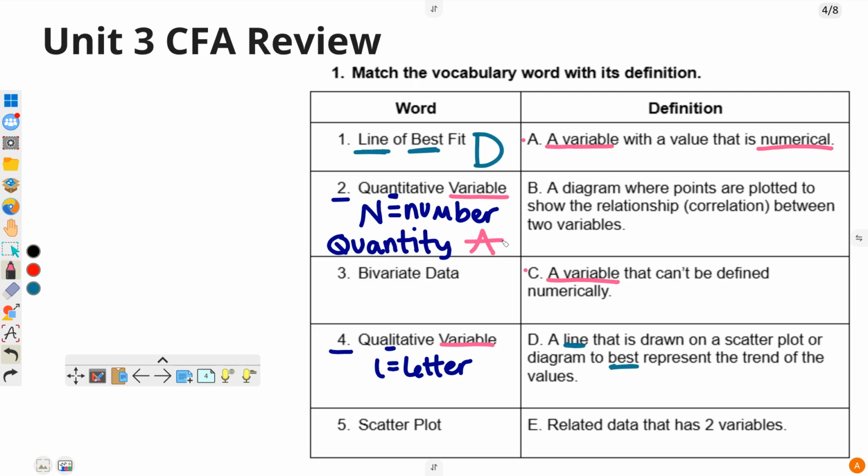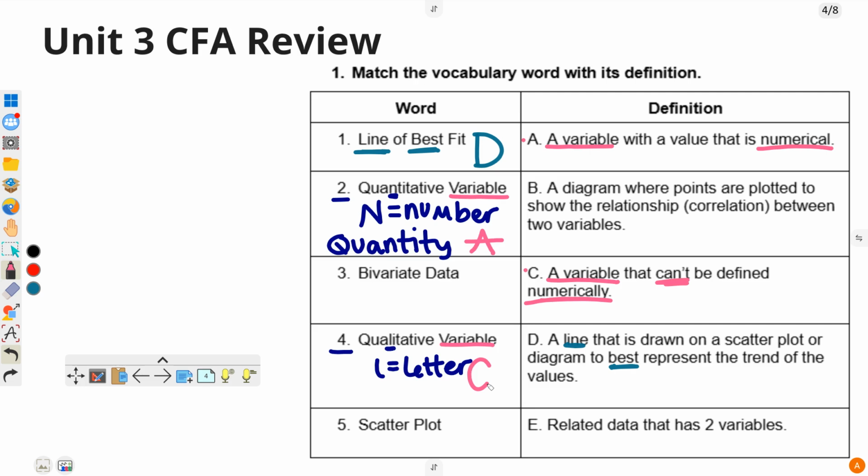Now C says a variable that cannot be defined as a number. Well, isn't a letter not a number? So when I talk about qualitative, that L for letter tells me it is not a number. So my answer for that one is C. Quantitative is a number, qualitative is a letter.